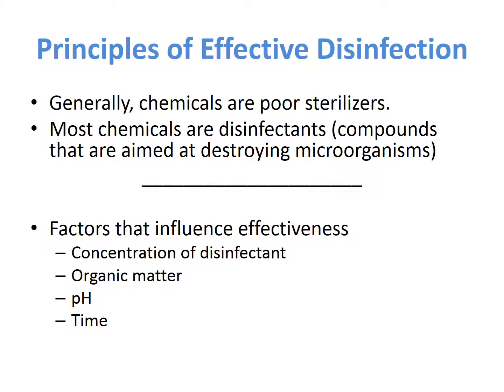Remember that a sterilant basically kills all forms of microbial life, so these chemicals are not effective at that. Do you know why endospores are resistant to most of the methods that we would use to kill them? Remember, endospores are resting cells.